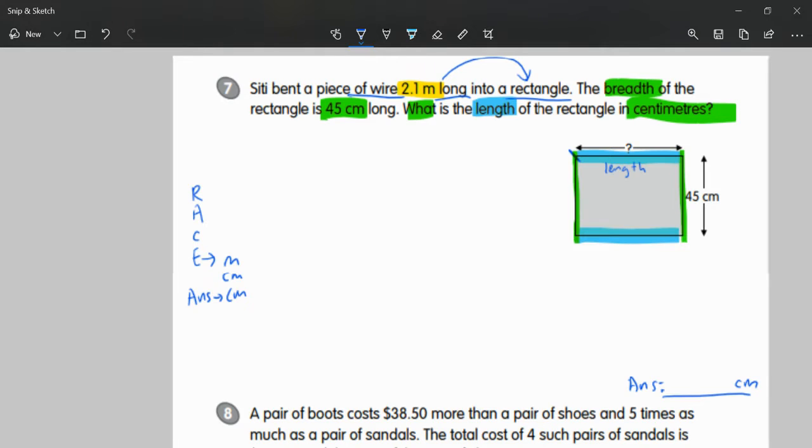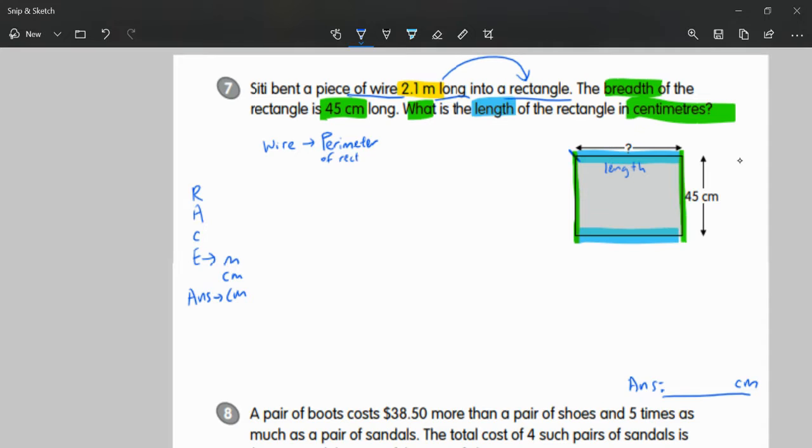Okay, with that, I'm beginning to solve. This piece of wire is bent into a rectangle. What I mean is I'm referring to the formula of the perimeter of the rectangle.